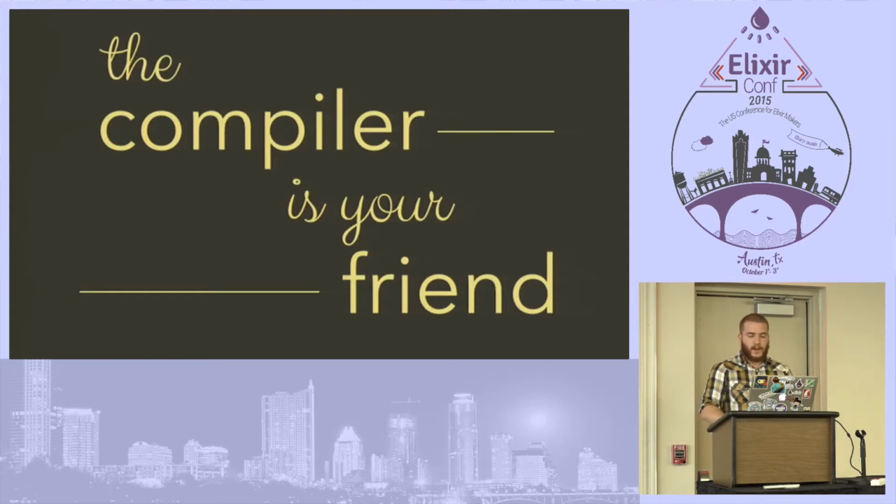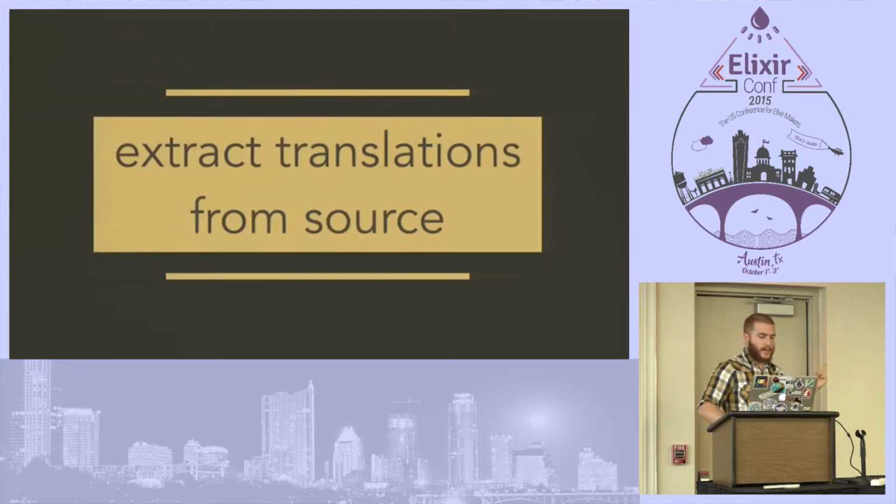So another feature Gettext has is extracting translations from source. Basically, the idea behind Gettext is to make life easier for both translators and programmers, right? And one way to make life easier for programmers is letting them put off translations as much as possible.